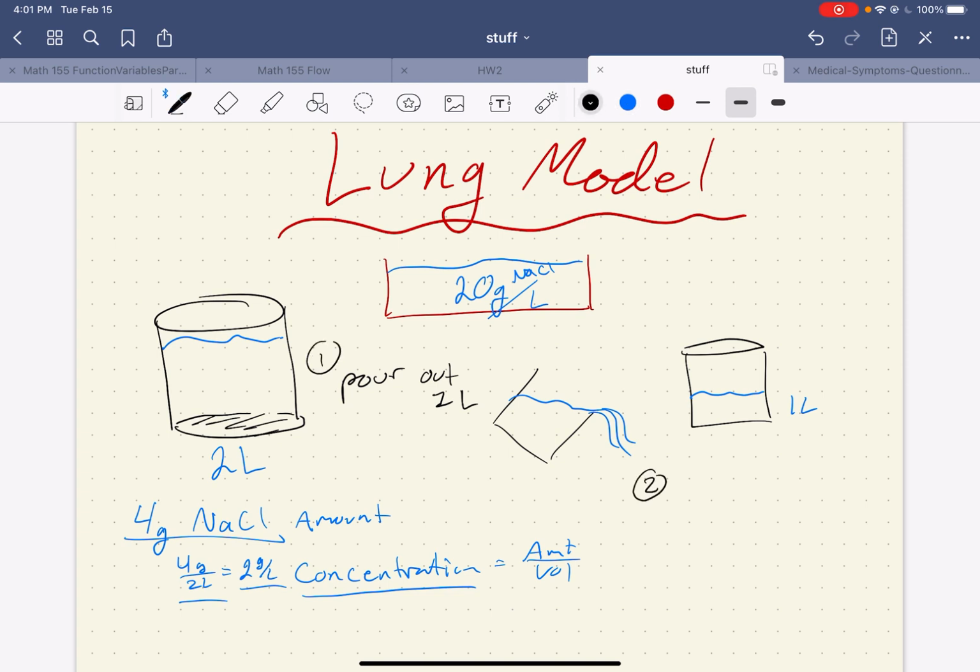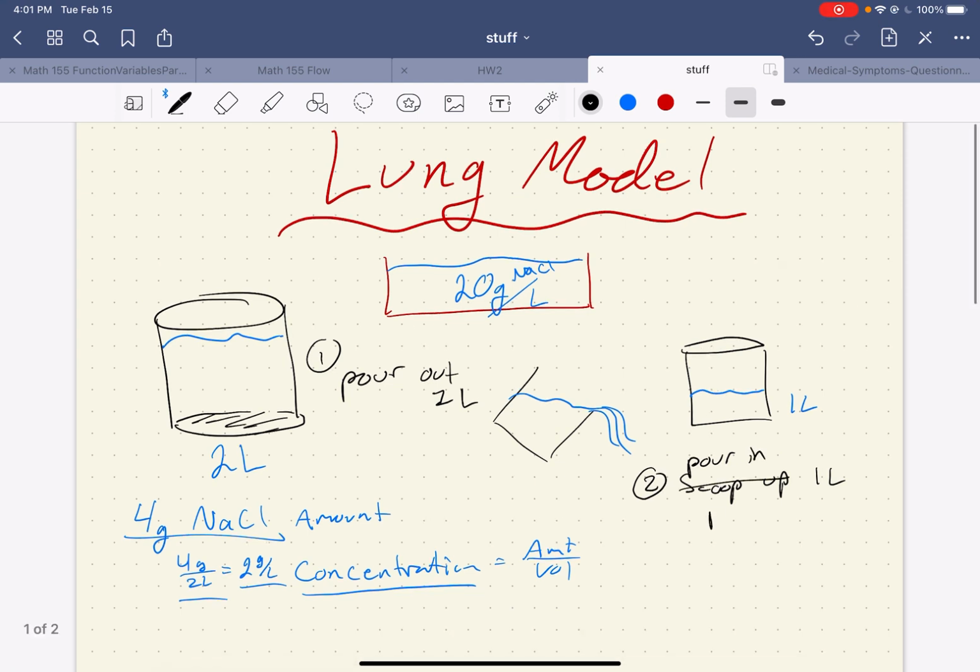Now my second step is I want to scoop up 1 more liter, or I could pour in instead of scoop up 1 liter from the salt bath. So this super salty thing, maybe it has some kind of spigot, and I'm gonna pour out some of this stuff.